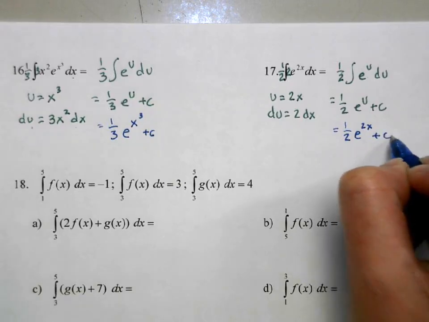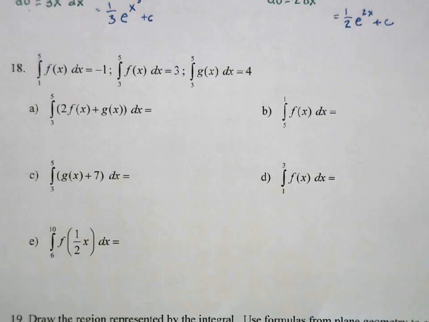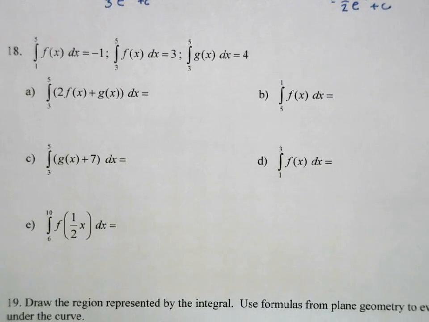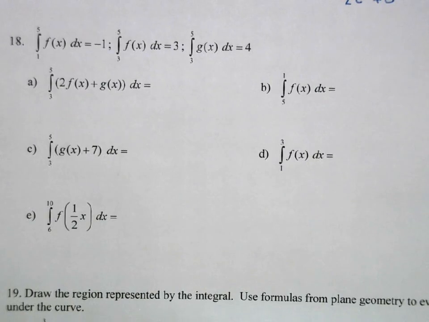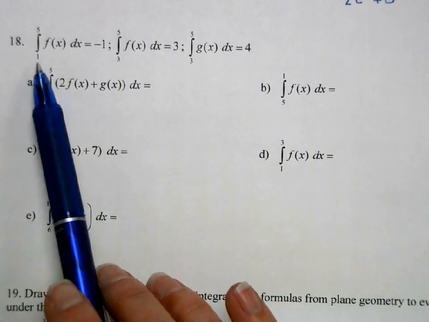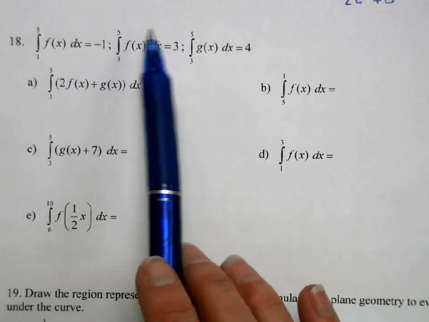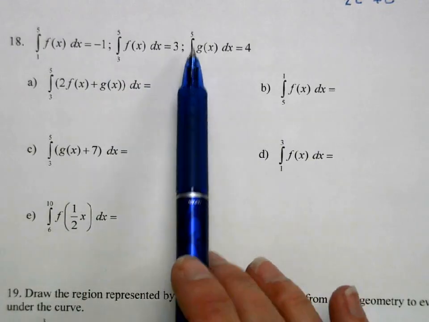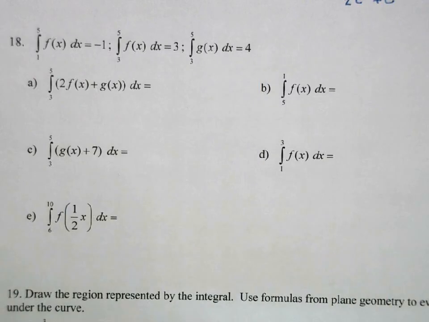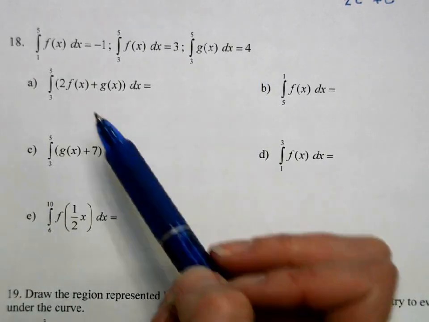Okay, next we're going to be using some properties of definite integrals. So here we've got the integral from 1 to 5 of f of x is -1. The integral from 3 to 5 of f of x is 3, and the integral from 3 to 5 of g of x is 4. So with adding and subtracting, with the constant, I can pull that out.